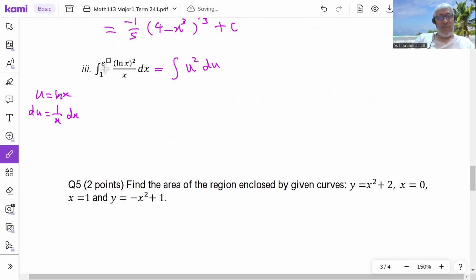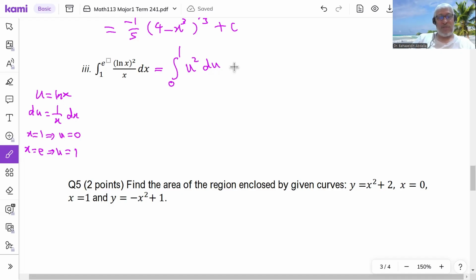And now 1 and e are values of x, but I changed x to u, so I need to change these values to u values. So if x is 1, then u would be ln 1, that's 0. And if x is e, then u would be ln e, and ln e is 1. So the integral now is from 0 to 1.